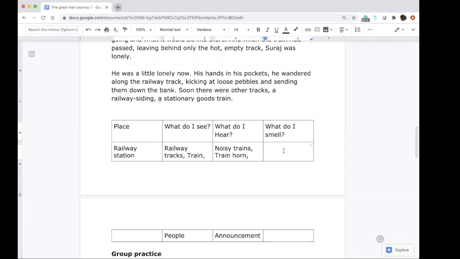What do I smell in the railway station? What do you smell in the railway station? So, think. Petrol. Engine smell. Smoke. Chandu, do you have an answer? What do you smell in a railway station?